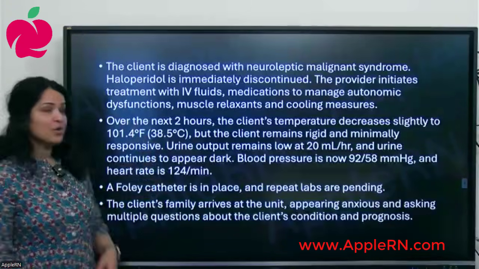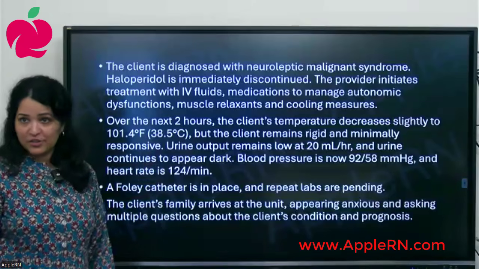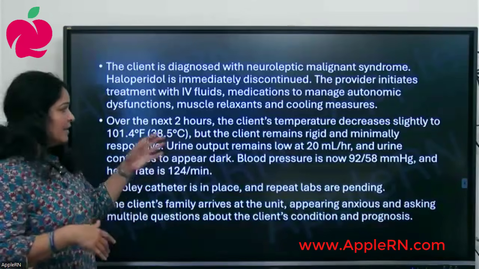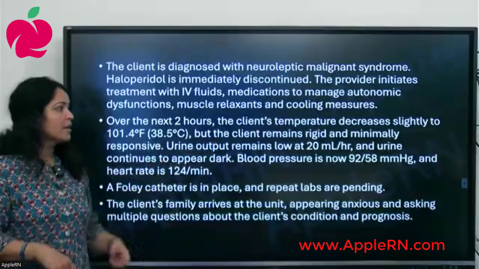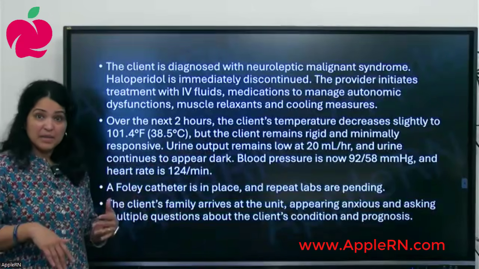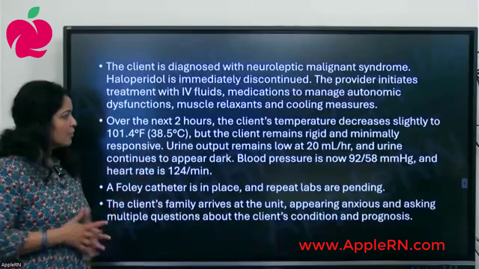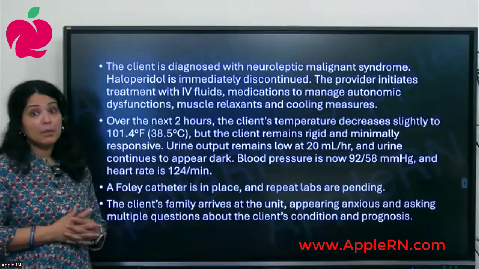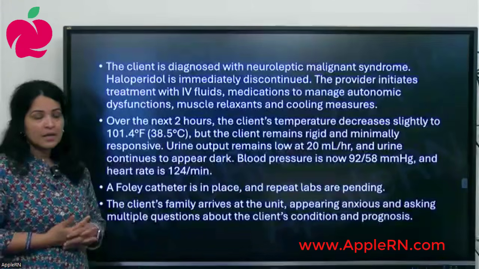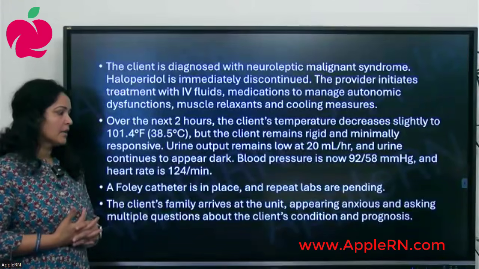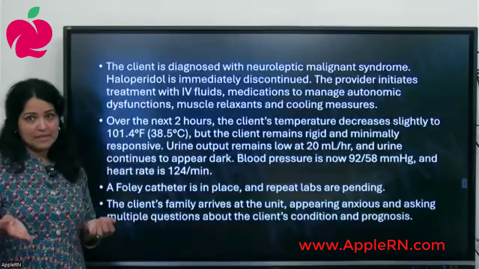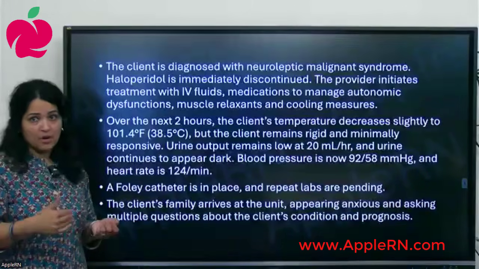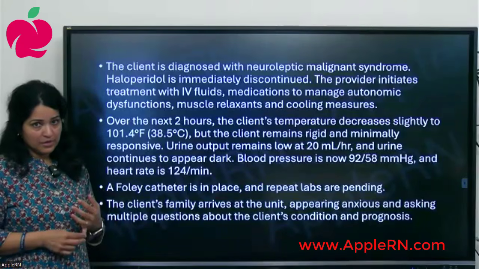Over the next 2 hours, the client's temperature began to come down. It's not normal yet, but 101.4. The client remains rigid but minimally responsive. Urine output remains low at 20 ml per hour. That's low, and urine continues to appear dark. Blood pressure is now 92/58. Well, it did come down, and heart rate is 124.